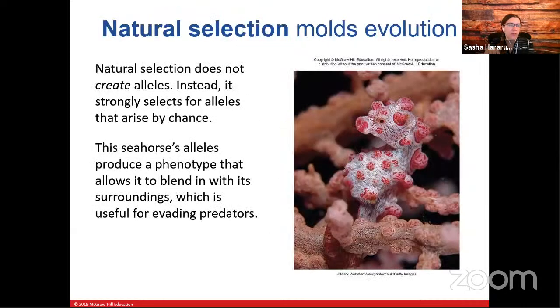Some other things that I wanted to reiterate: if all the individuals within a population have the same genotype and the same phenotype, or very little variation, then some catastrophic event such as a deep freeze or disease outbreak has a higher probability of wiping out the whole species.